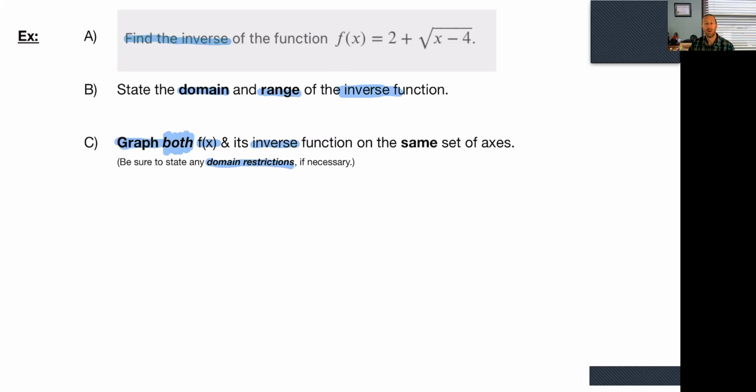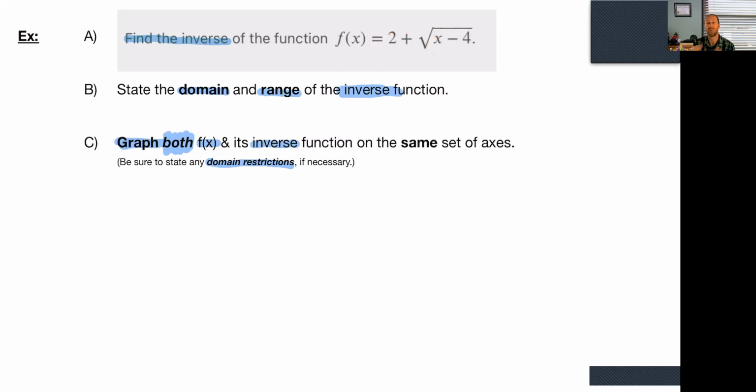Okay, now you all should be able to look at this and know exactly what it looks like. So I'm not going to go A, B, C order. I'm going to actually graph the original function right now. And you all should know what the square root looks like. Remember, it's that half of a parabola on its side, but we got some stuff being added and subtracted to it.